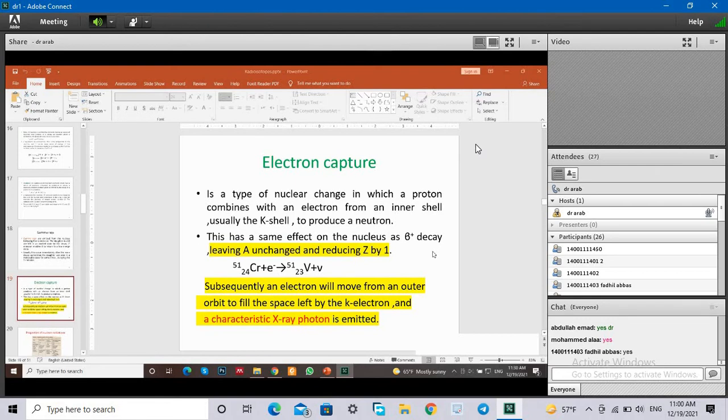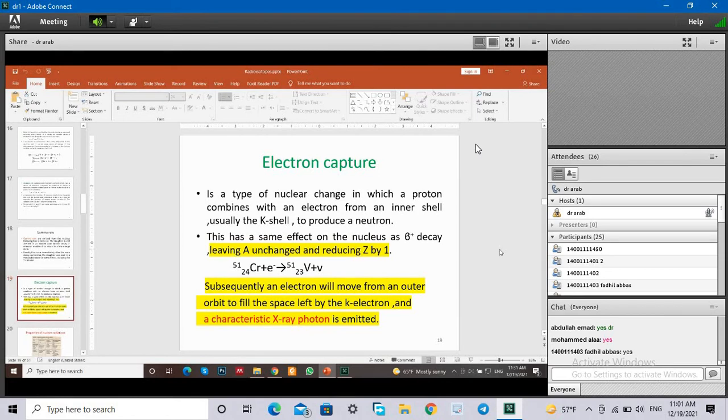As you remember, in positron emission, when we have a radionuclide whose proton number is higher than the neutron number, by converting one proton to a neutron, we have a positive beta or positron.